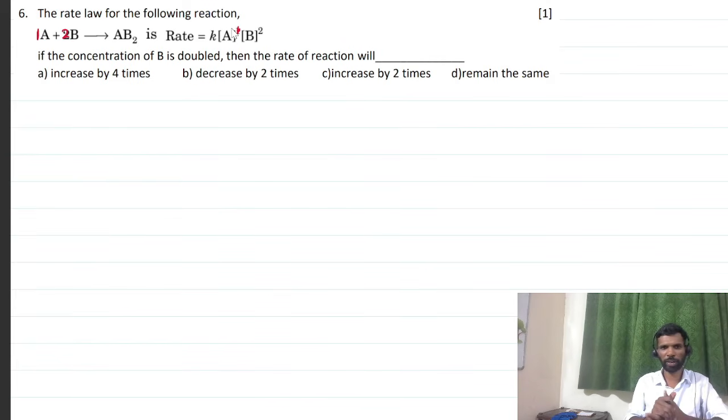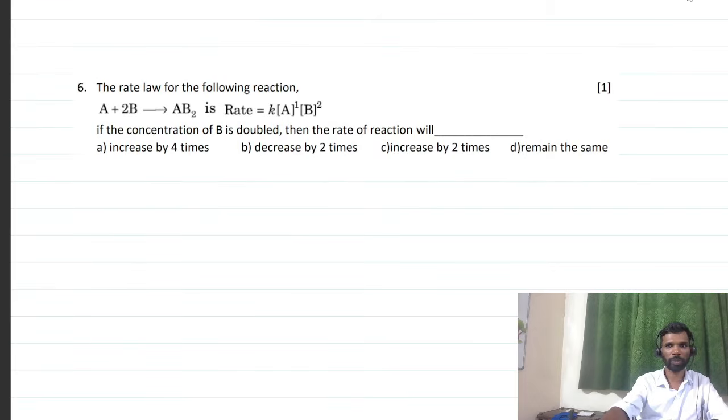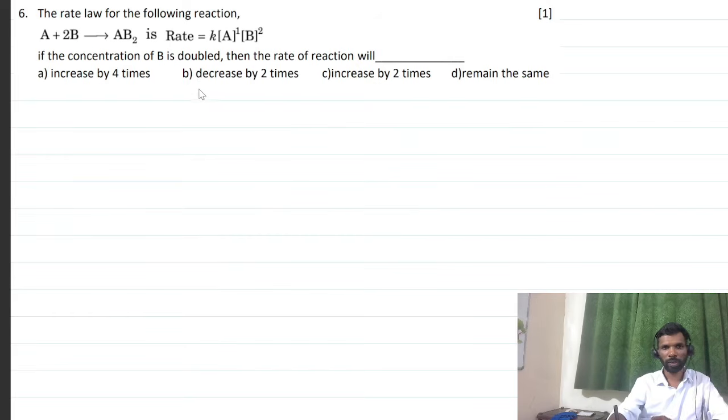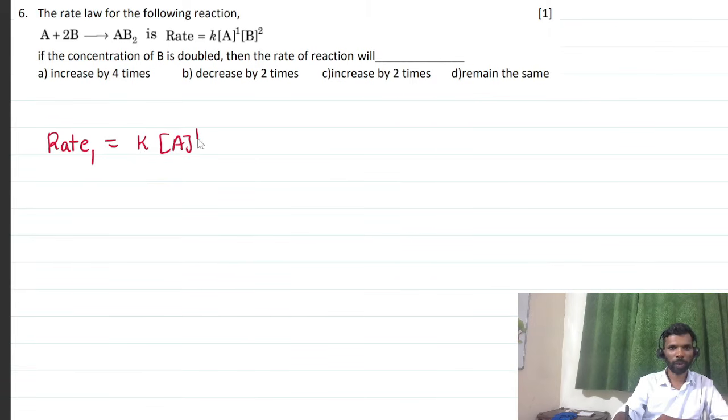This was just an extra thing I told you since I found that equation over here, the reaction and the rate law expression. So if the concentration of B is doubled, then the rate of reaction will be? We'll write the first rate as rate 1, where it is given this way: K, A raised to 1 and B raised to 2.